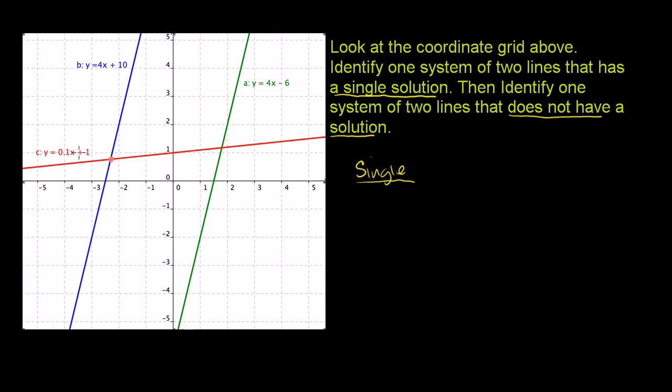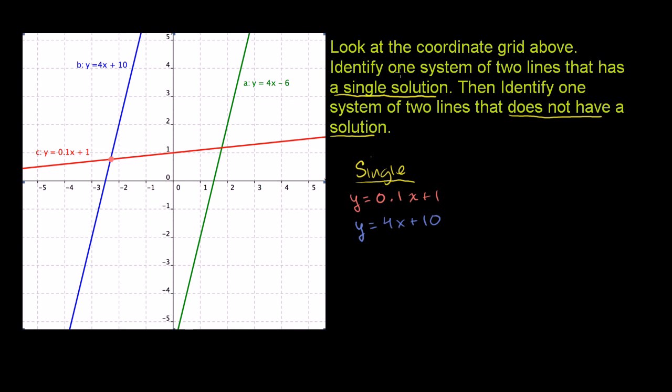Another way to think about it, it represents an x and y value that satisfy both of these constraints. So one system that has one solution is y is equal to 0.1x plus 1, and this blue line right here, which is y is equal to 4x plus 10.